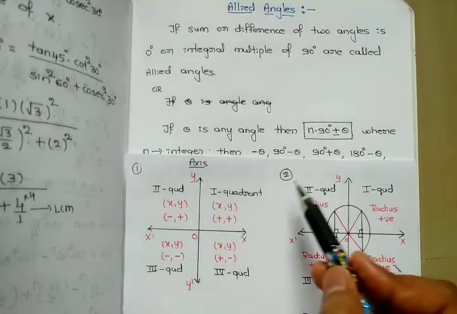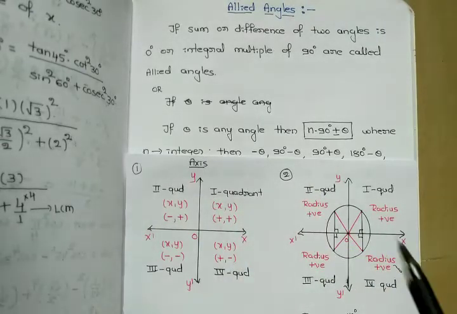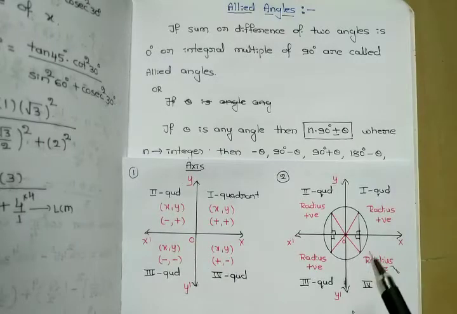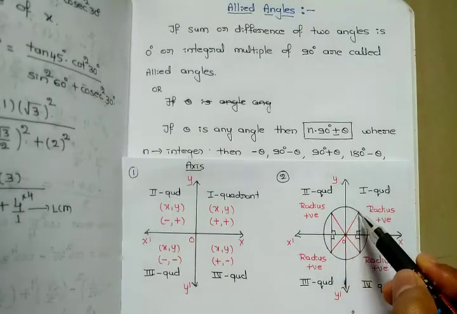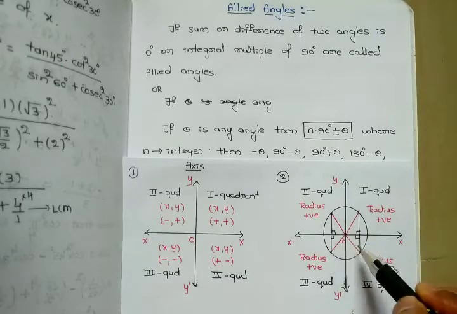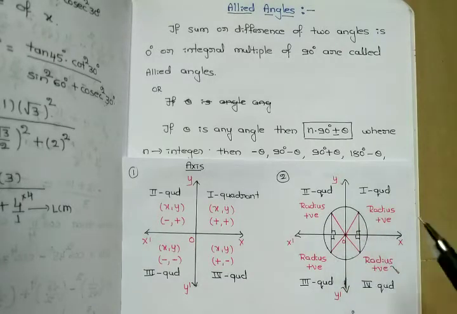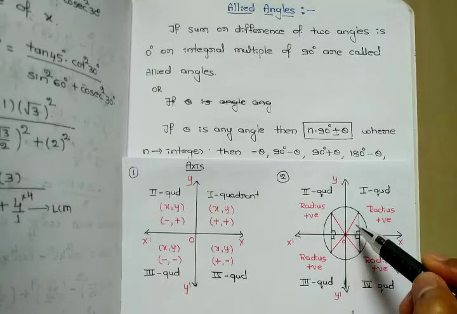Similarly, in the second point, what you need to remember is, again in that same axis, if I draw one circle, again if I draw the right angle triangle in all 4 quadrants, so here this red line indicates the radius.